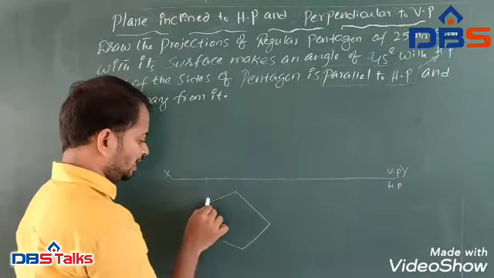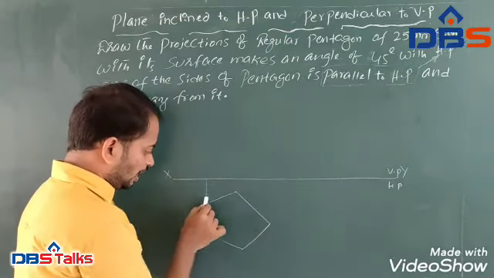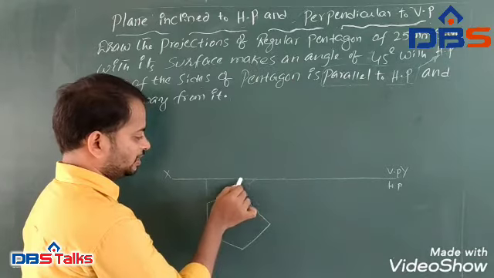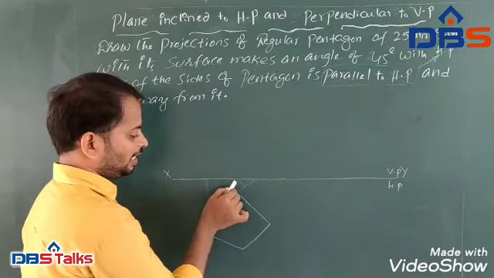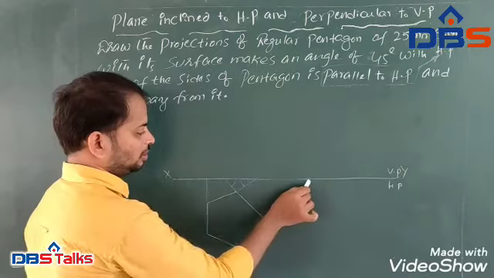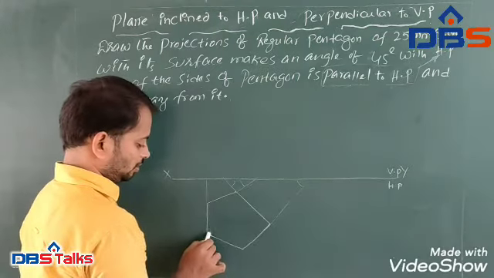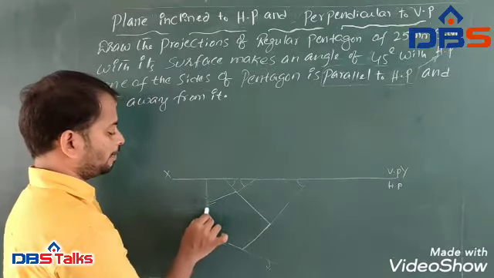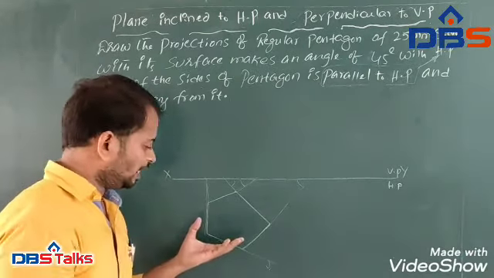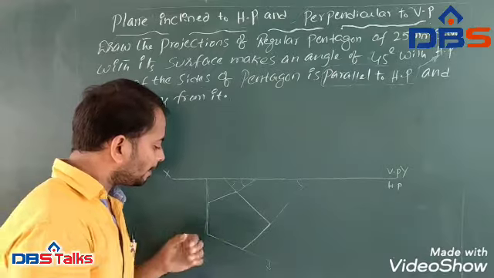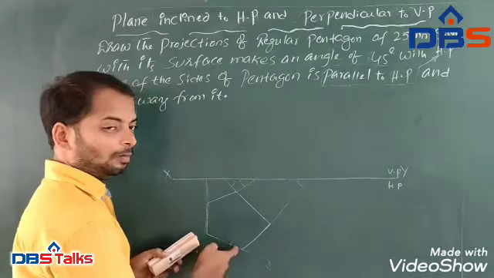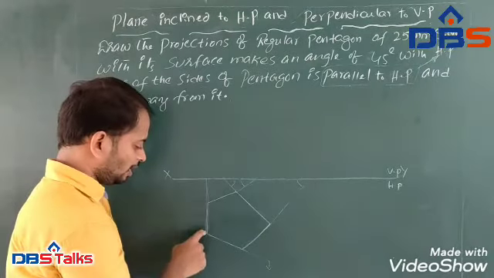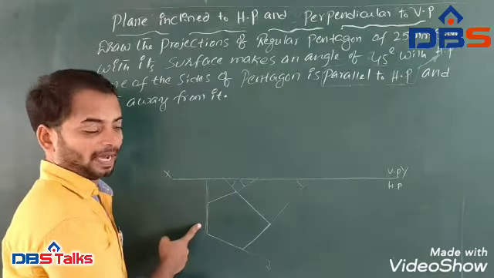But if you consider here, some sides are inclined, this is also inclined, and this one is perpendicular. So while drawing the pentagon this is not clear for the condition of the problem, since it is already perpendicular, not parallel.